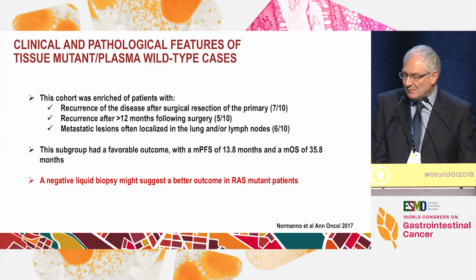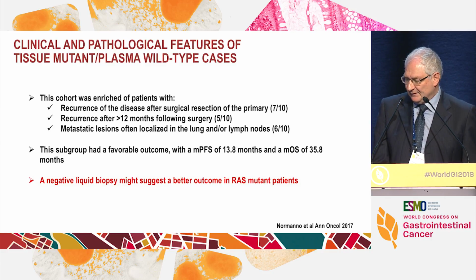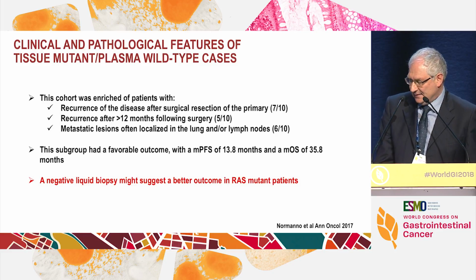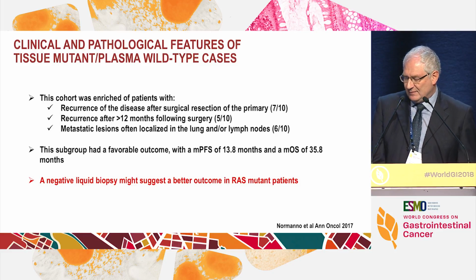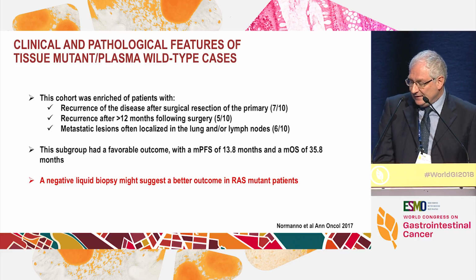And the recurrence in most of these cases, at least in half of them, occurred relatively later, after 1 year, and most of the lesions were outside the liver, where usually there is much higher concordance. And in any case, these 10 patients had a higher survival. And so a negative liquid biopsy may suggest in this case a much lower tumor burden and a better outcome.